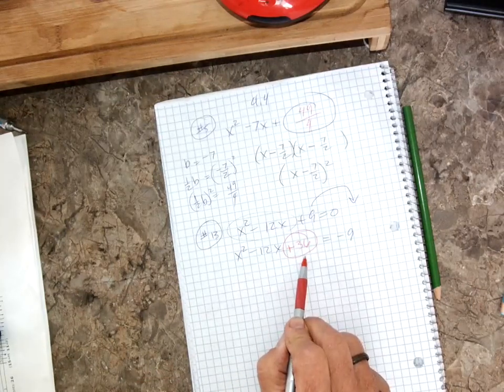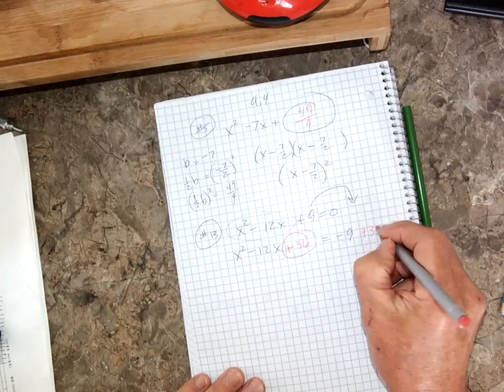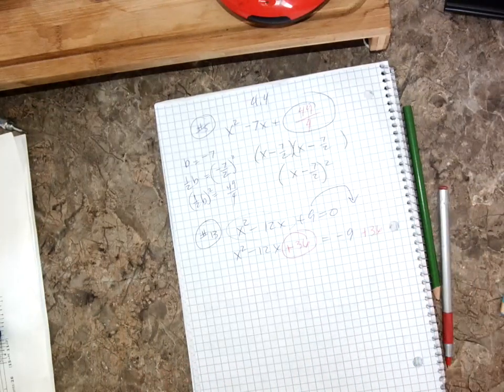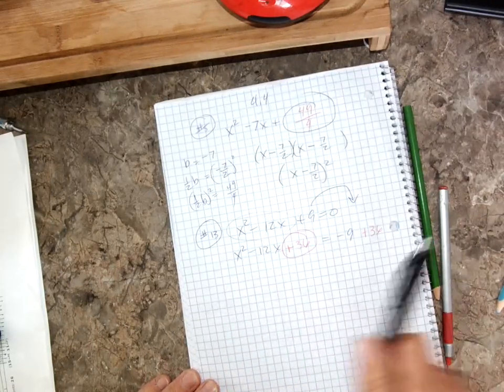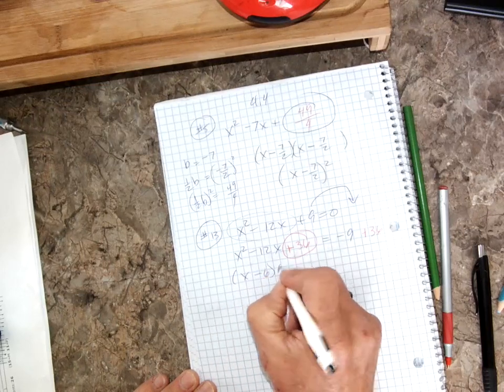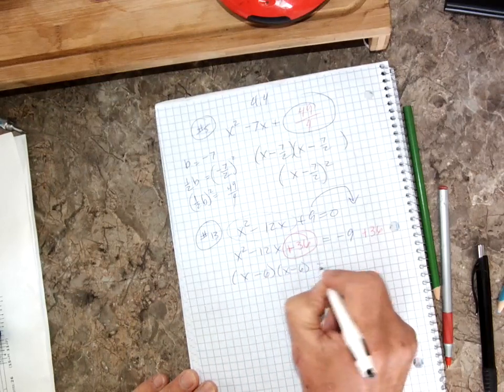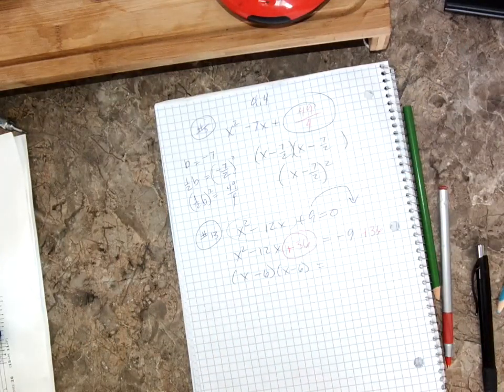So go plus 36. I have to balance my equation: if you add 36 here, you've got to add 36 here. How does that help? Well, this will factor into x minus 6, x minus 6, equals, what's 36 minus 9? Probably 27. Yep, 27.